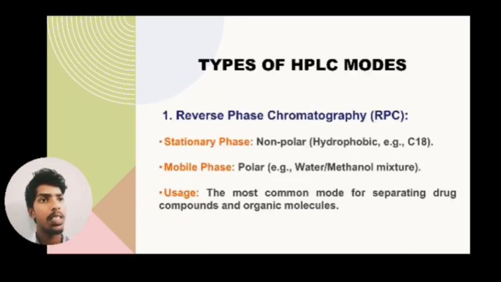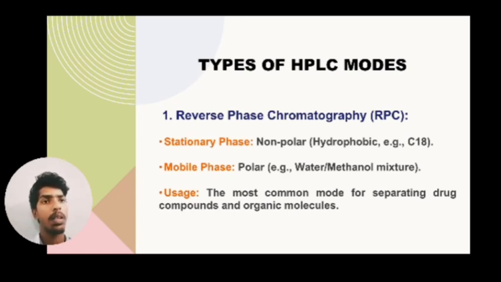Types of HPLC modes. Reverse phase chromatography means the stationary phase is non-polar, hydrophobic, example C18. The mobile phase is polar, example a water-methanol mixture. It is the most common mode for separating drug components and organic molecules.